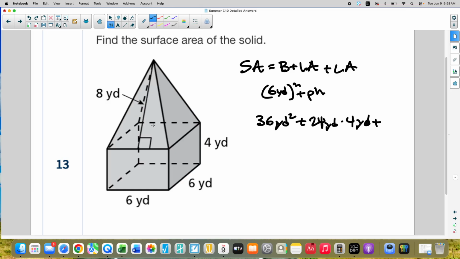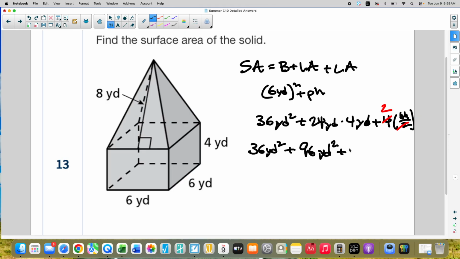Plus, then we have 4 pyramids, which is base times height divided by 2. So we got 36 yards squared plus 24 times 4. 24 times 4 gives us 96 yards squared. And then plus the 4 and the 2 are going to cancel.